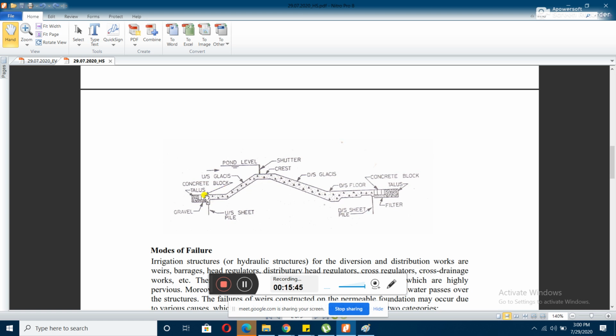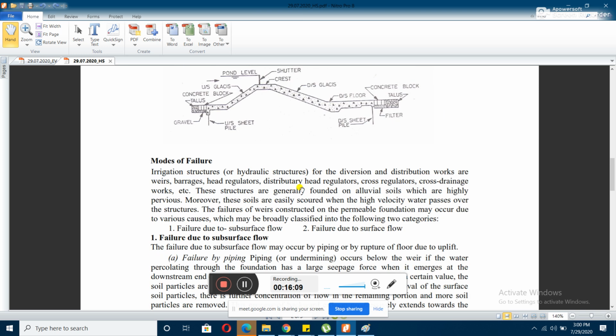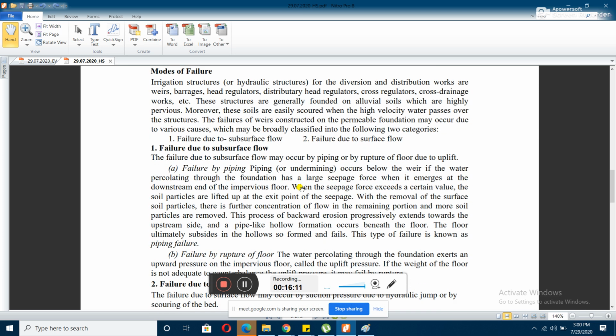Similarly, that sloping is done by the floor only. The floor is constructed at irregular heights. In order to get that particular configuration, we construct the floor accordingly. No masonry structure or rock fill materials are used here. Only the floor is constructed in this way. Am I clear? Yes, sir.